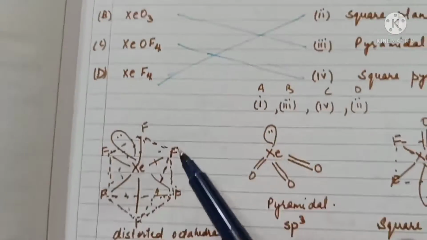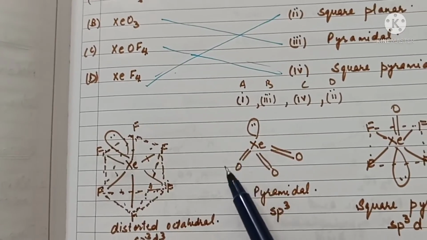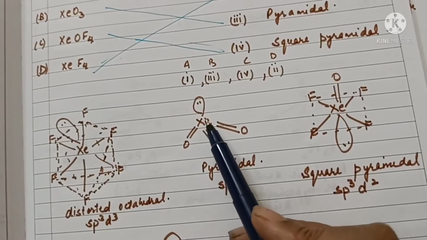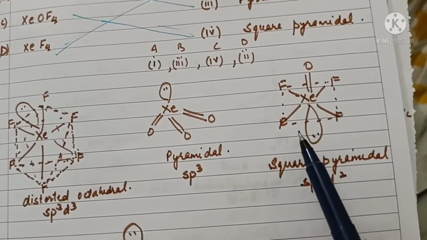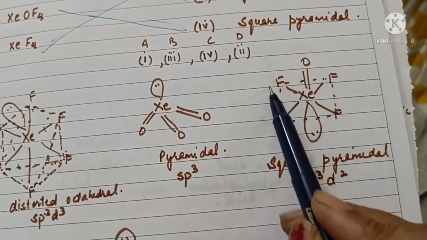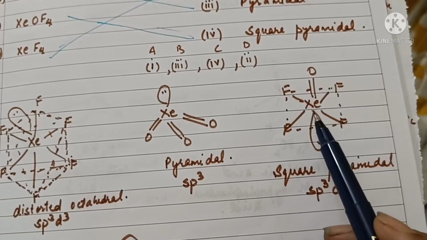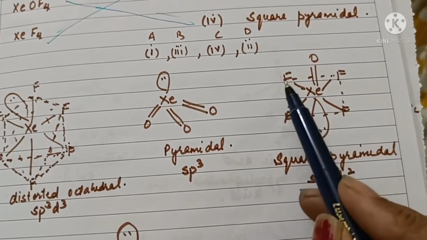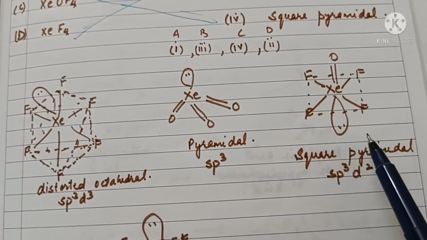You can see XeF6 is distorted octahedral, XeO3 is pyramidal, sp3 hybridization, but one of the positions is occupied by a lone pair of electrons. This XeOF4 should have been octahedral, but because one lone pair is present in one of the positions, the shape is restricted to square pyramidal.